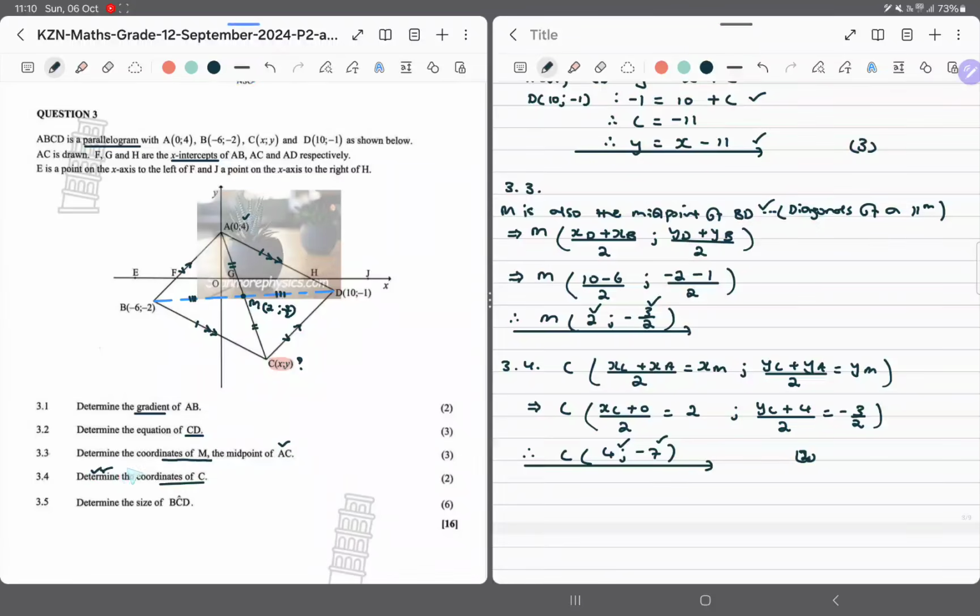If a question says determine, remember you are free to choose a method of solving. No one forces you into one particular way, especially when it's only 1 mark or 2 marks. But anything beyond that, it already says you need to do more, you need to say more. So just one statement would not be enough. An answer only would not be enough for marks more than 2. But if it is just 2 marks or 1 mark, you can just show up with the answer only, unless directed otherwise, of course.